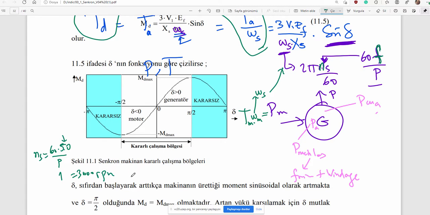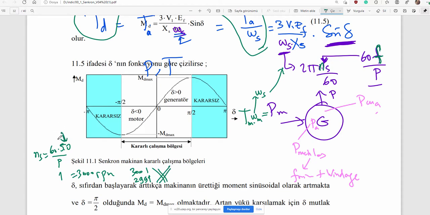And now this machine cannot be operated at neither 3001 RPM nor 2991 RPM. It is impossible due to the constant frequency.